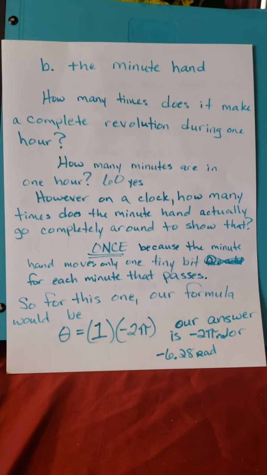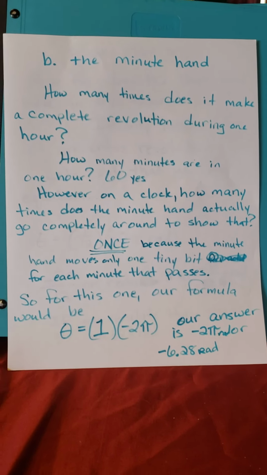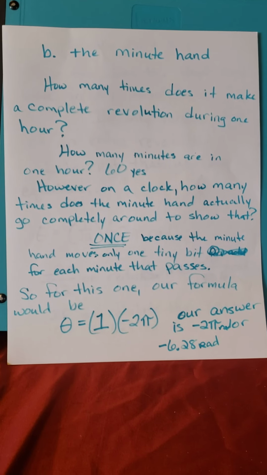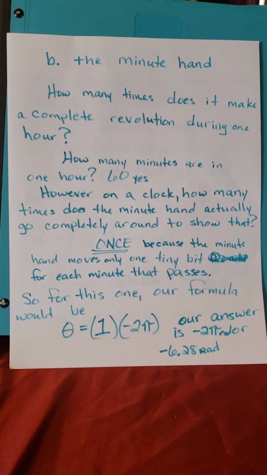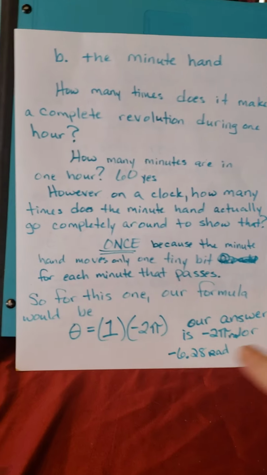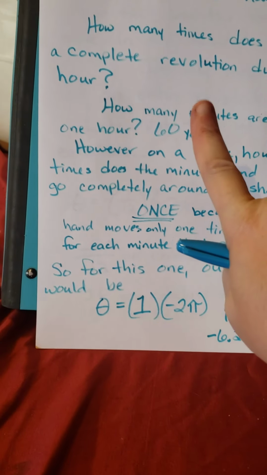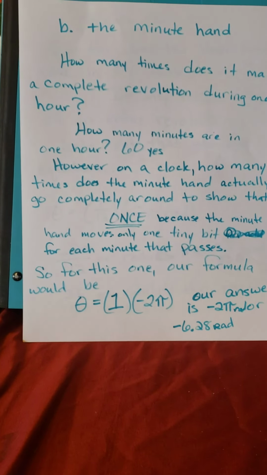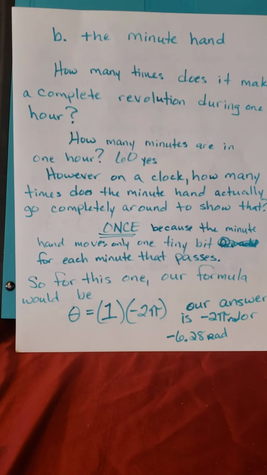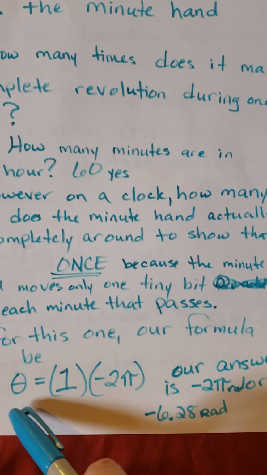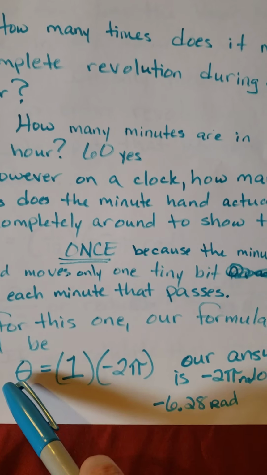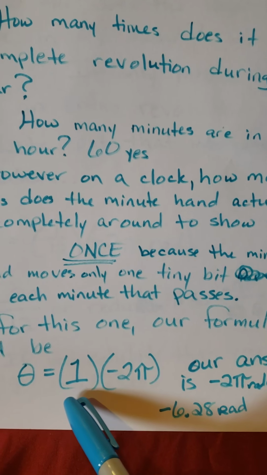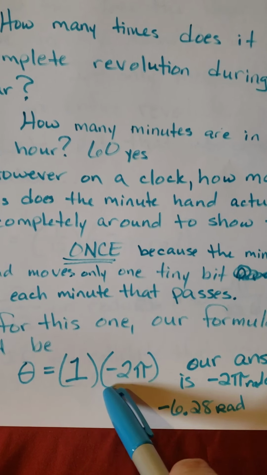It only goes around once because the minute hand moves only a little tiny bit for each minute that passes. To get a whole hour, it moves all the way around one time. This is going to be easy because now your theta, your angular displacement, is going to be 1 revolution times negative 2 pi.